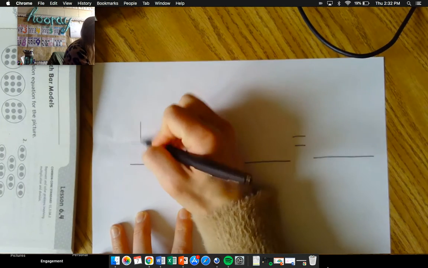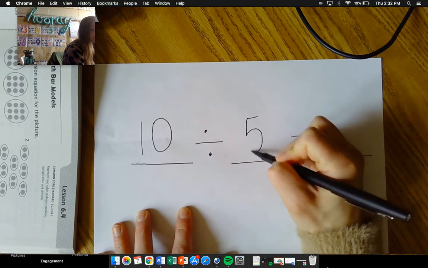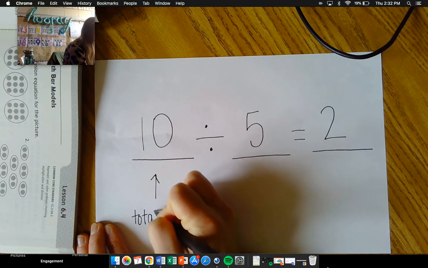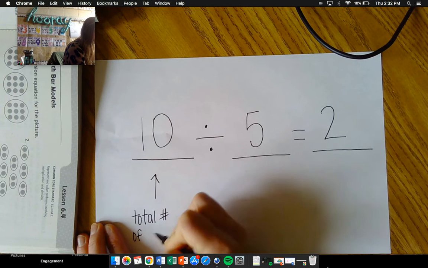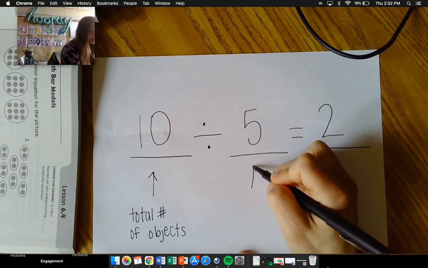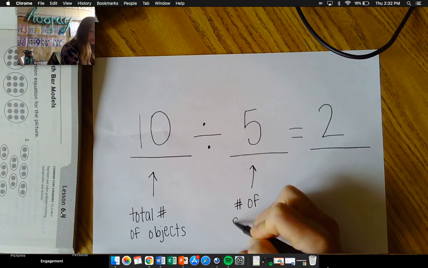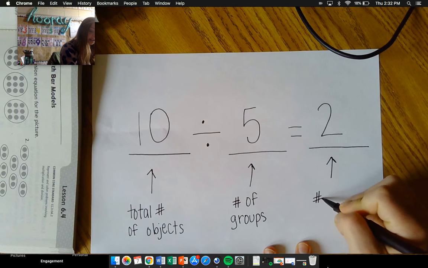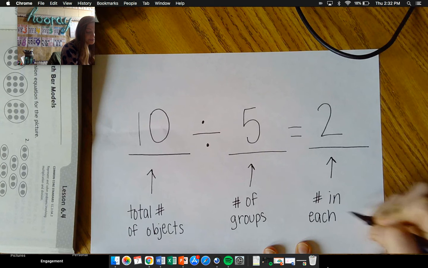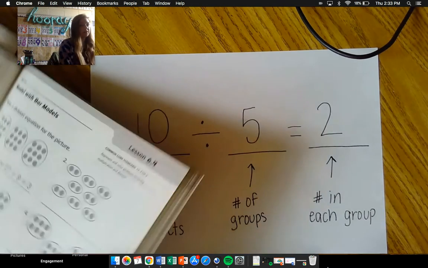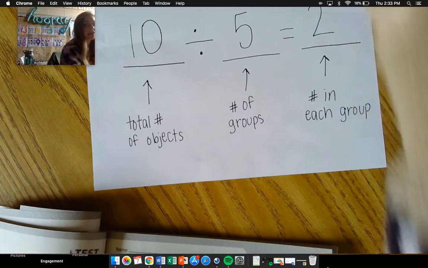So if we had 10 divided by 5 equals 2, 10 would be the total number of objects, 5 is the number of groups, and 2 is the number in each group. That's going to be really important to keep in mind today as we do these problems.